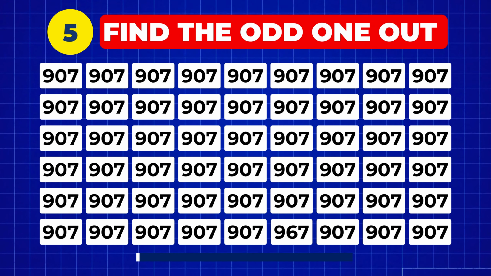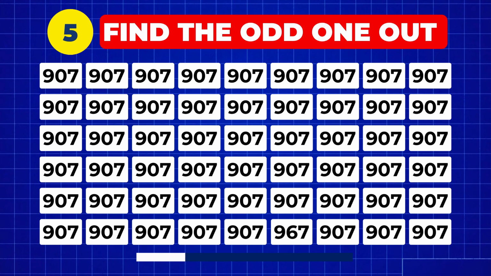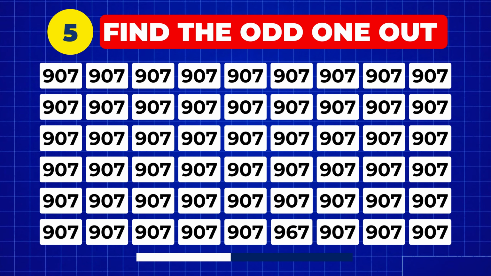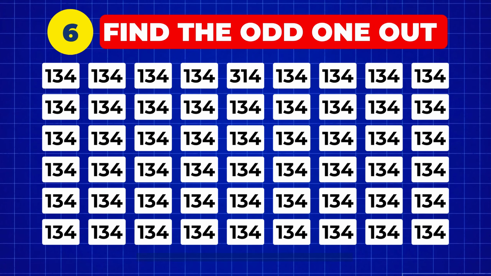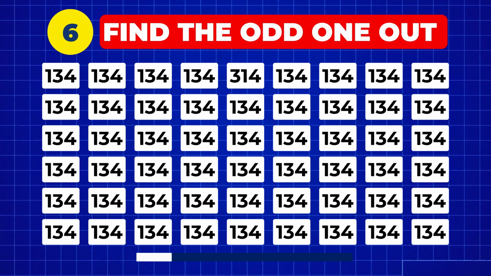Here is your puzzle number 5. This was 976. Now you have to find out which is not 134.